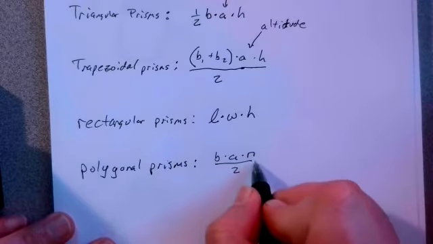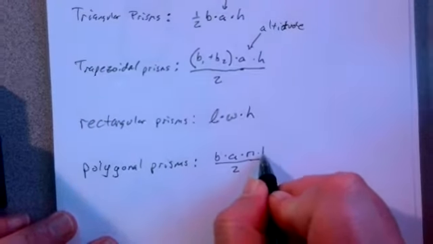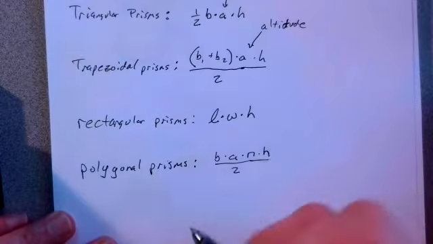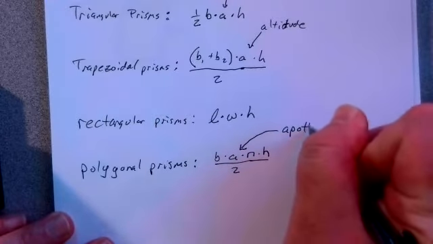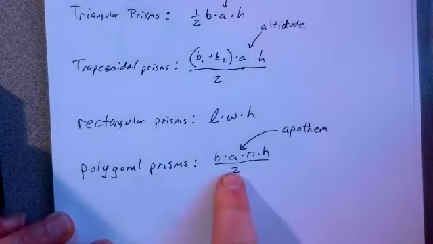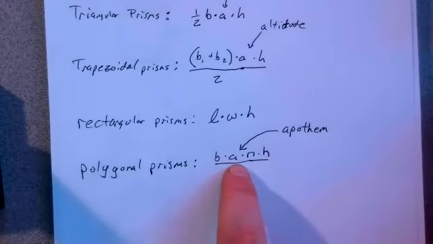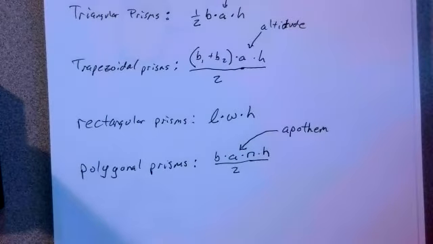But now we have to multiply it by height, so we can sneak that height in here too. And this is apothem. So I want to be very careful with the different A values that we have.